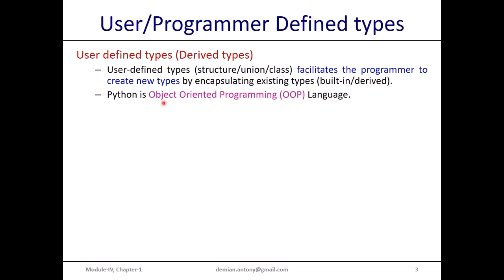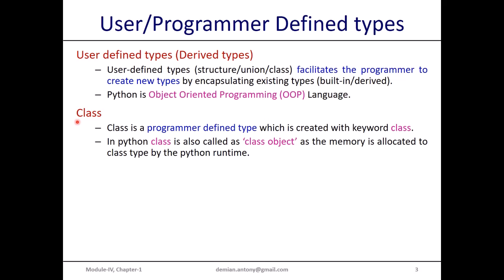Python, being an object-oriented programming language, facilitates the programmer to create a class or an object template which can be used to create the user-defined types or to create new types.